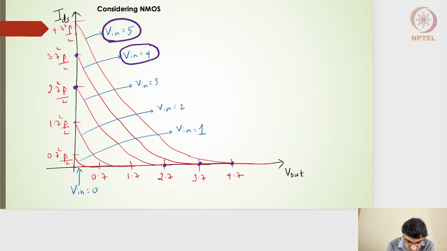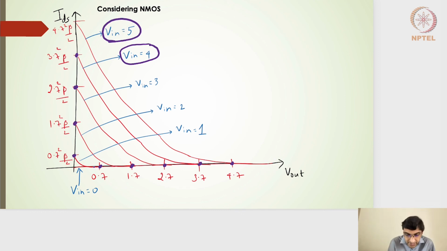Vinput of 2 starts from beta n by 2 times 1.7 the whole square, the highest value, and touches 0 at 1.7 volts. Although I've drawn this graph as though it touches well before 1.7, let's say that it touches at 1.7. And similarly, for Vinput of 1, the highest value will be beta n by 2 times 0.7 the whole square, and then it touches 0 at 0.7 volts.